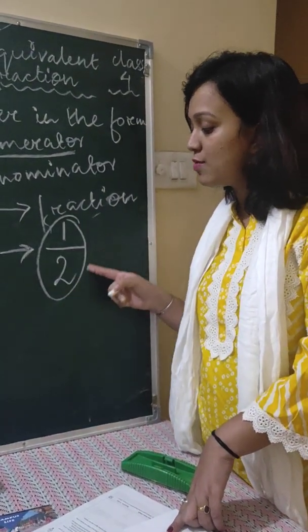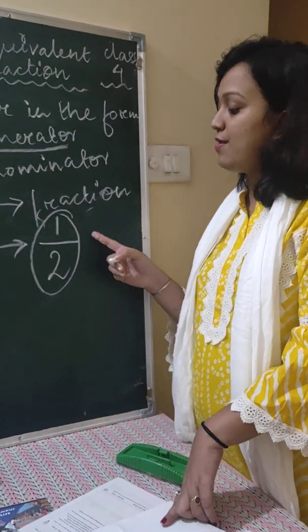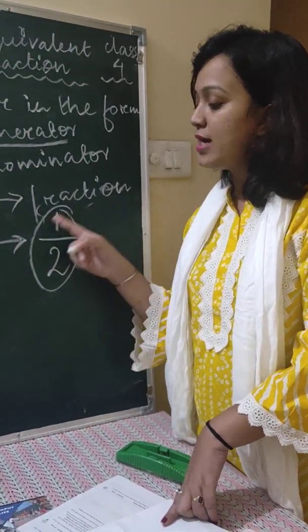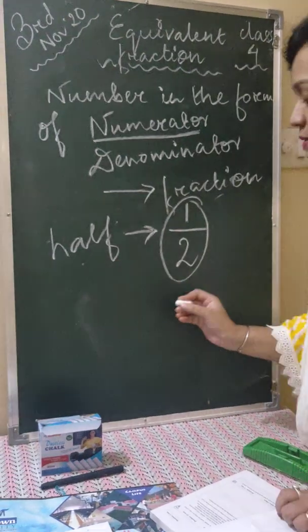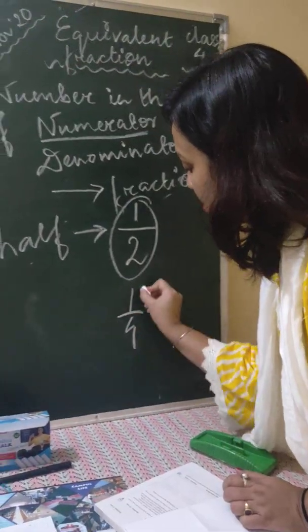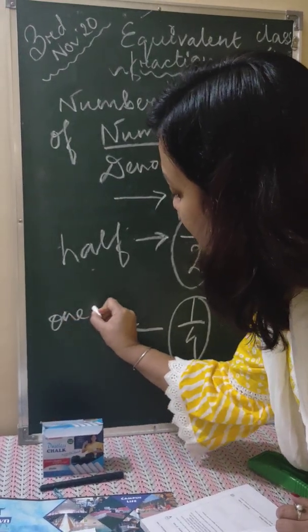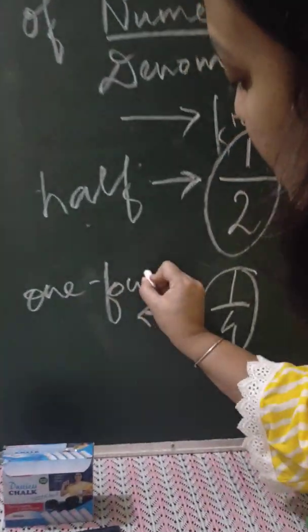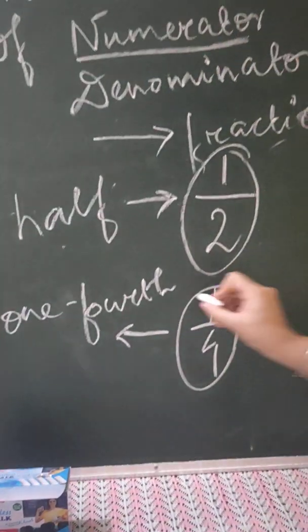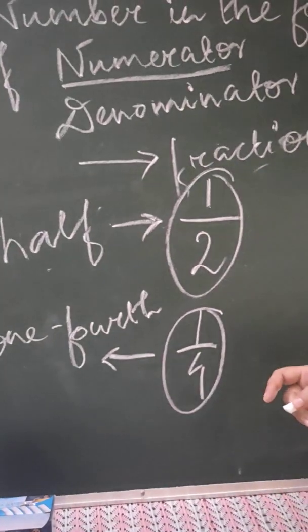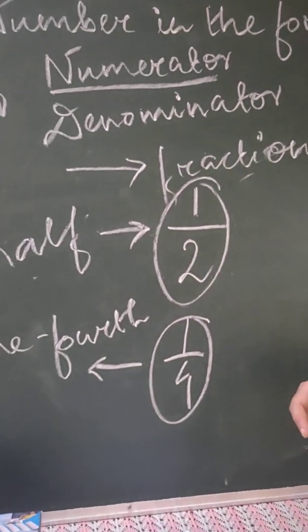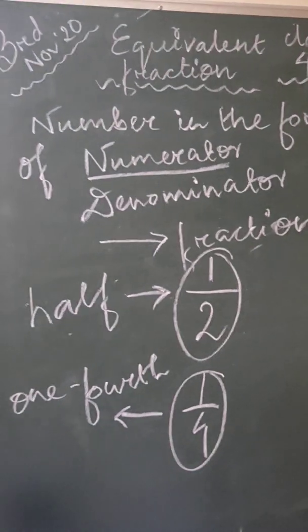So this 1 by 2 represents half. When I say 1/4, this represents one fourth. In words we write it like this, and in terms of fraction we will write it in this way. Is this clear, everyone?